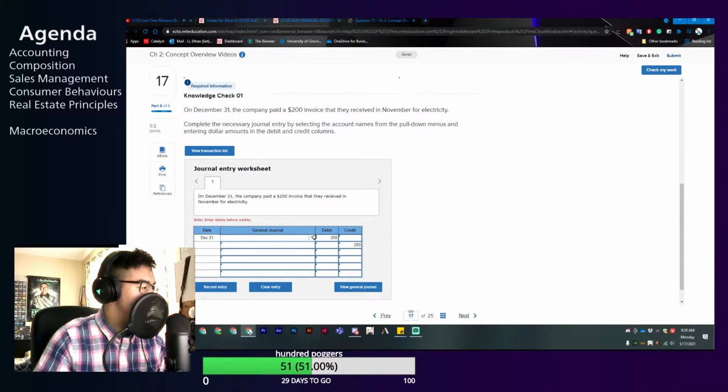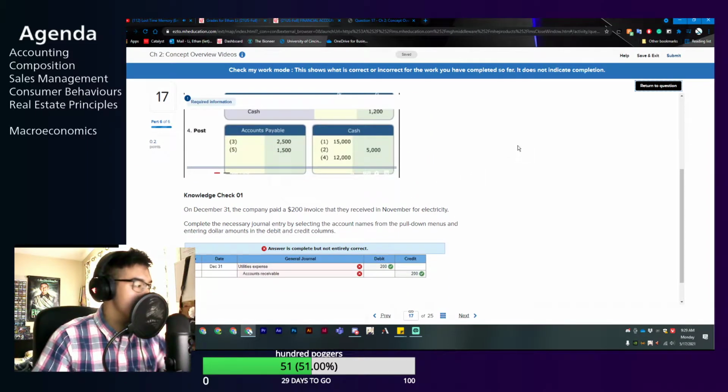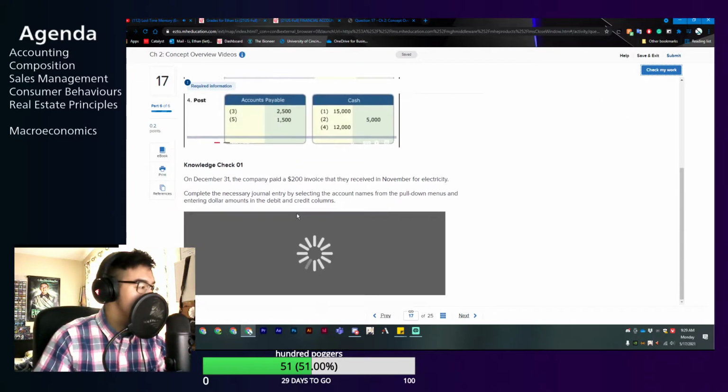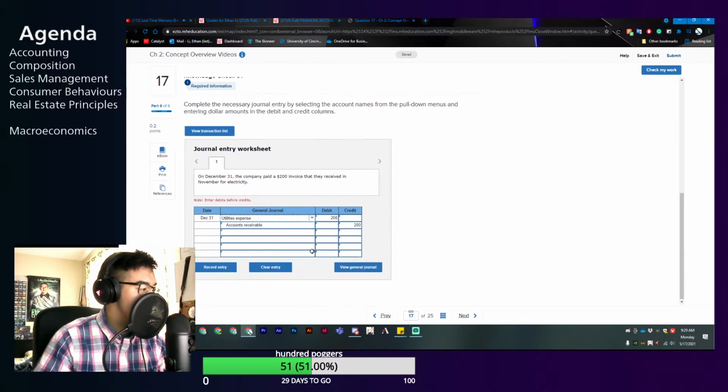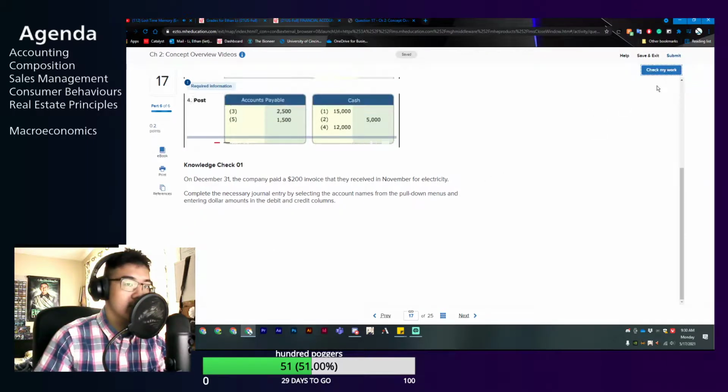So it'd still be utilities expense and accounts receivable. Unless... oh, okay. I guess these were flipped. Oh, okay. So that's still wrong.